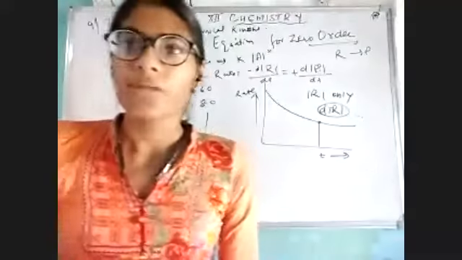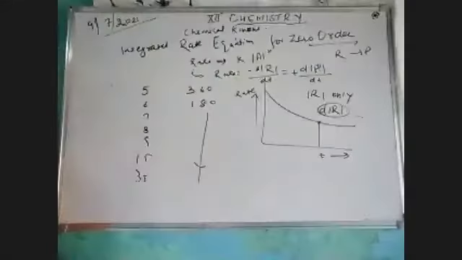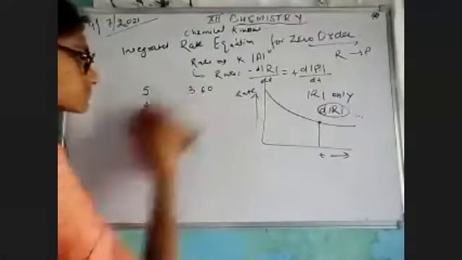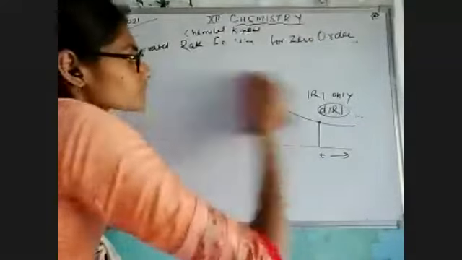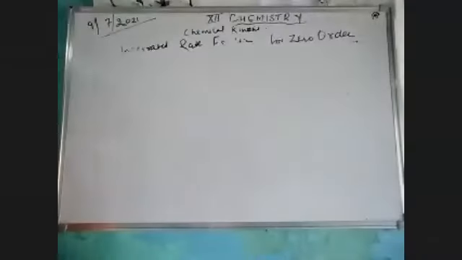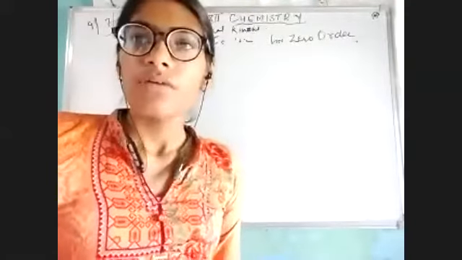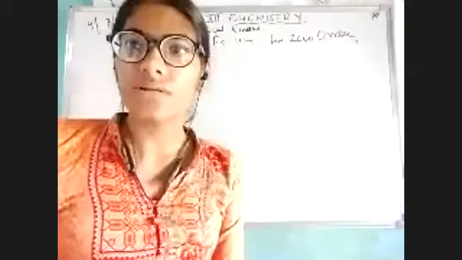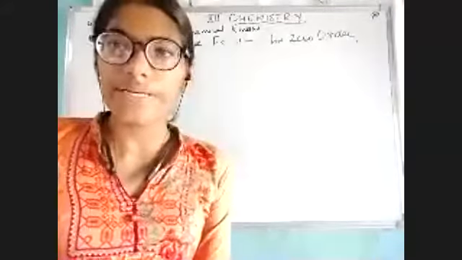First of all, if I'm talking about the zero order, we have to write the integrated rate equation for zero order. What does it mean?